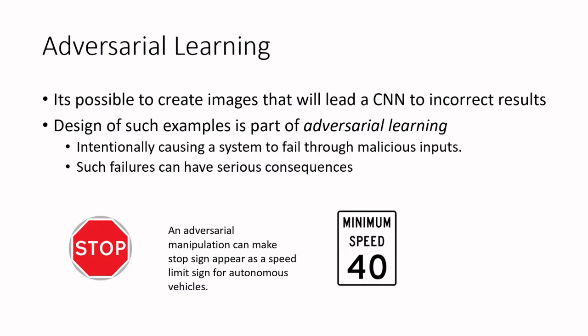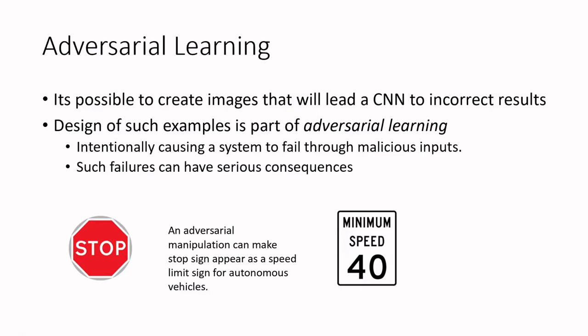And such failures can have very serious consequences. Think of an autonomous vehicle which reads the road signs through visual sensing, and there is a visual recognition system in the vehicle which figures out the meaning of those signs.